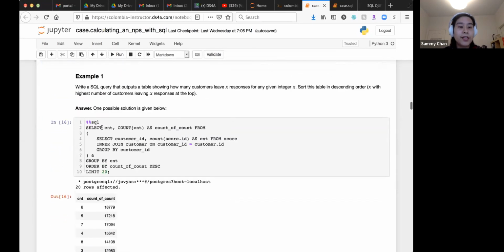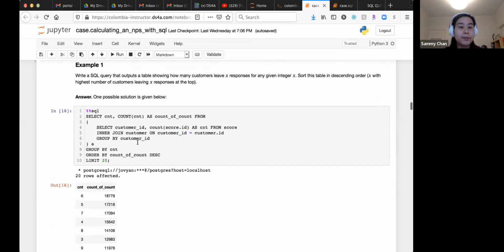Okay, so here is one example asking us to write a query to show how many customers left us what sort of integer values or score, and then we were asked to sort the table in descending order.